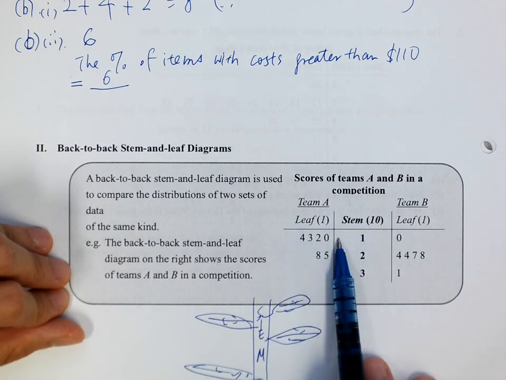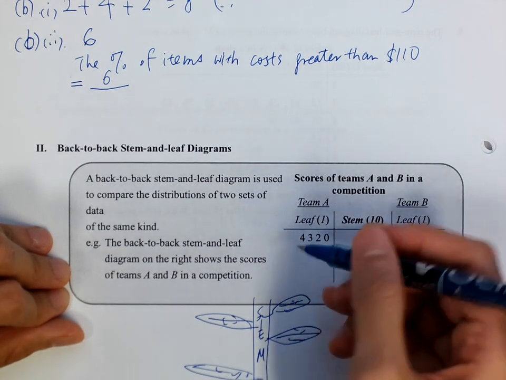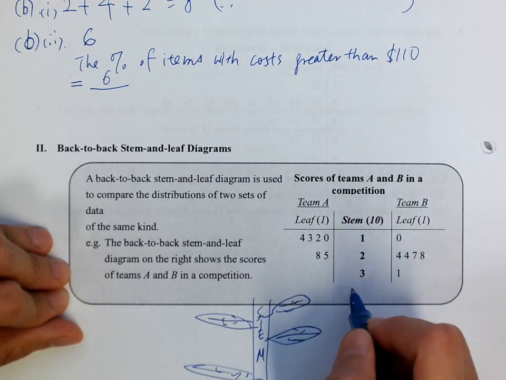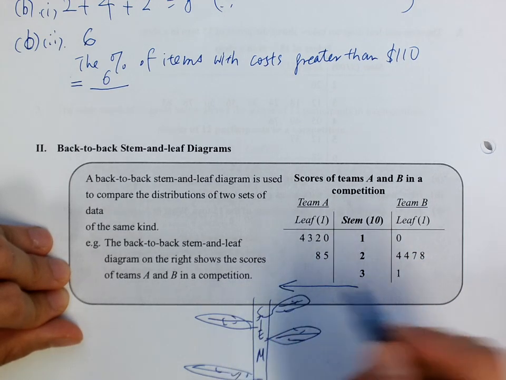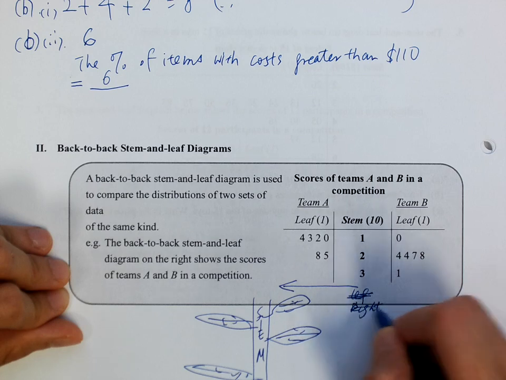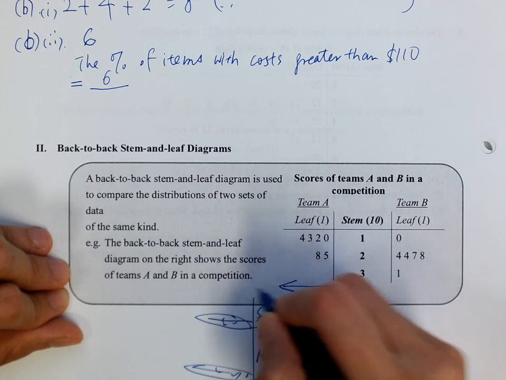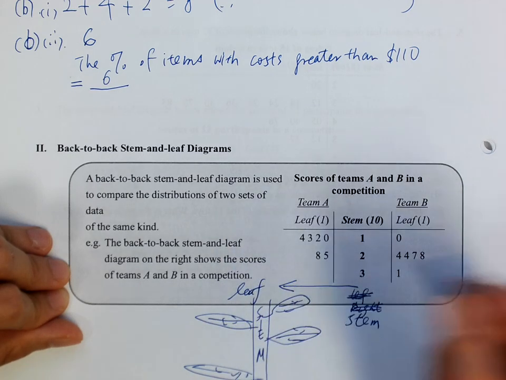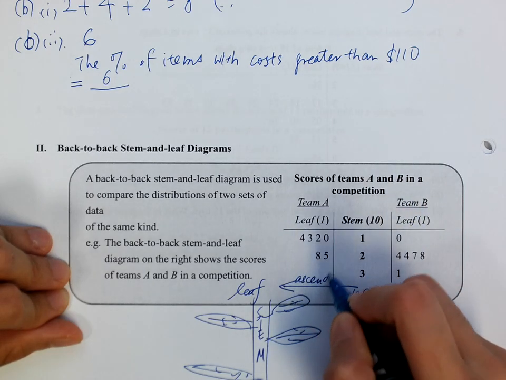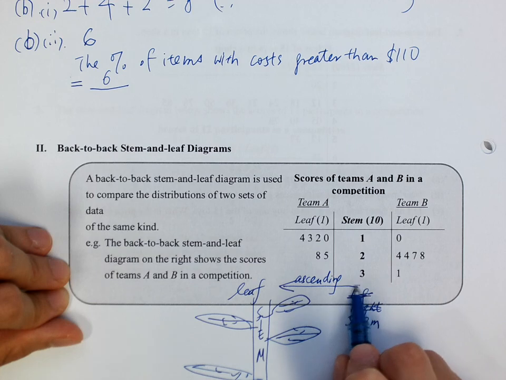So you can see that the data are in ascending order from the stem to the leaf, which is from the middle to the left hand side.